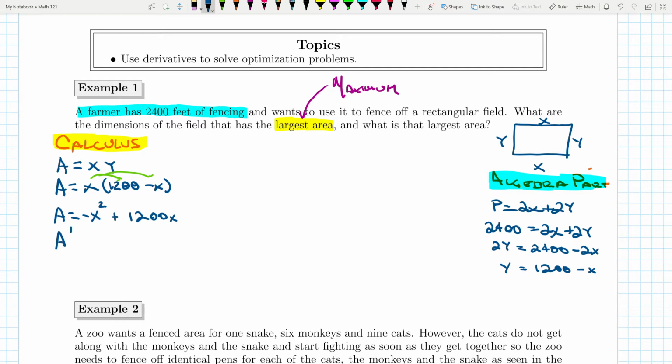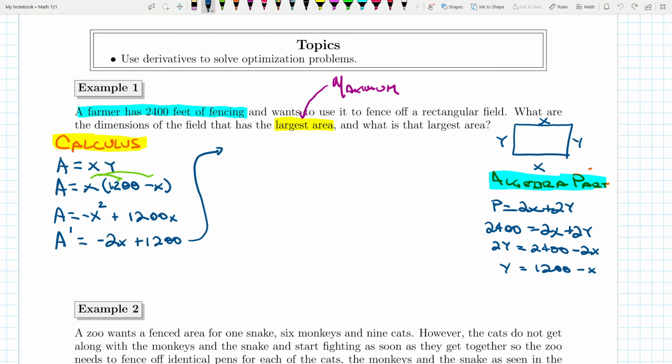Let's take A prime, which is the derivative: negative 2x plus 1200. And well, what do we need? We need to find the critical value. The critical value will be the value that will give us, in this case, the maximum, the largest value for the area.